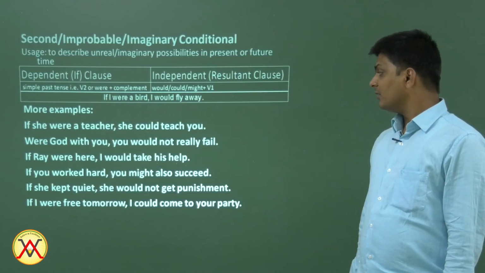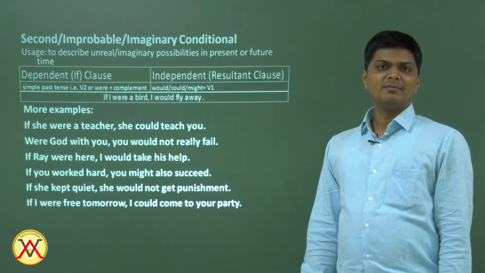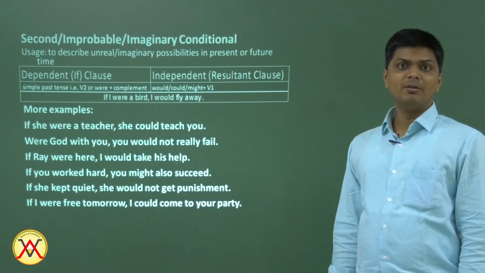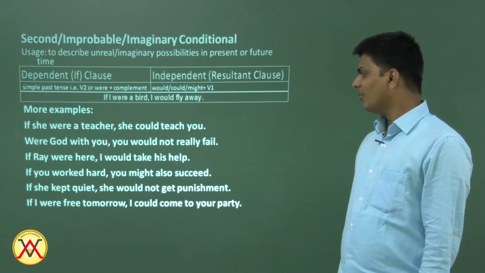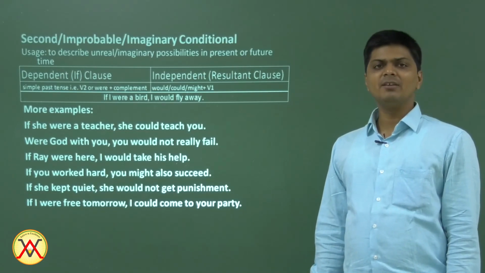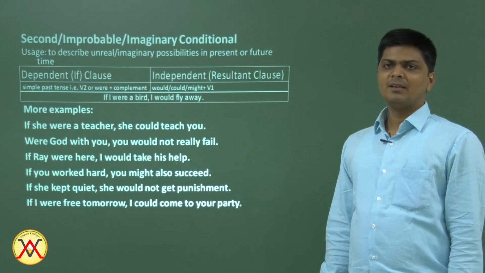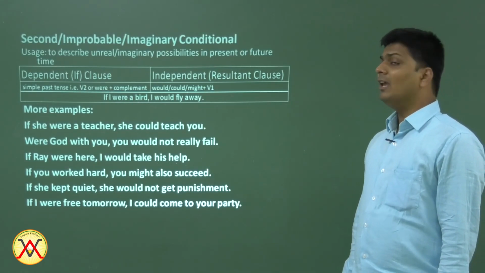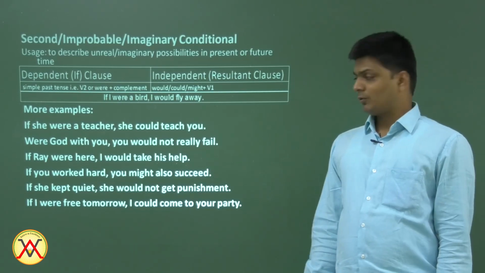If I were free tomorrow, I could come to your party. If I were free tomorrow, look at the combination of were and tomorrow. Were and tomorrow. It's possible because it is imaginary conditional. It describes what? Unreal or imaginary possibilities in present or in future. So it's future one.